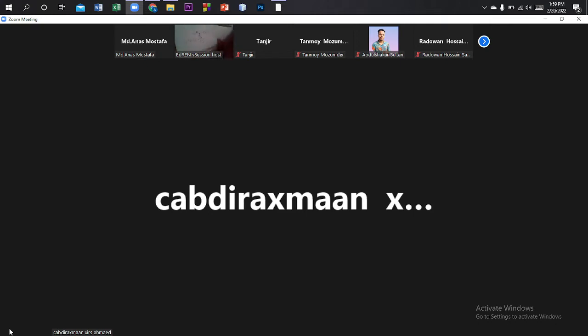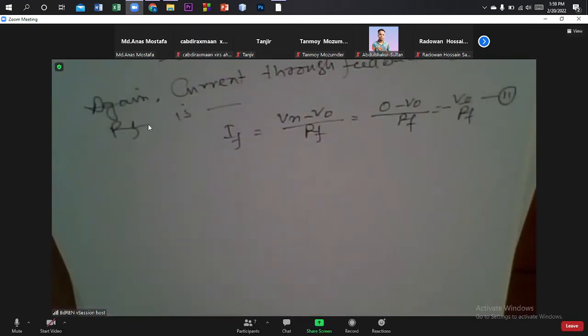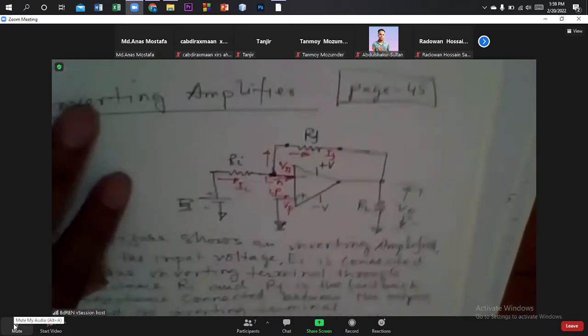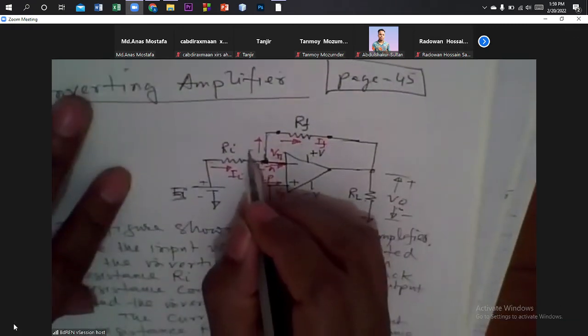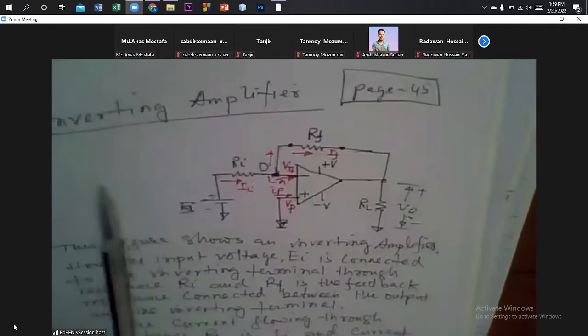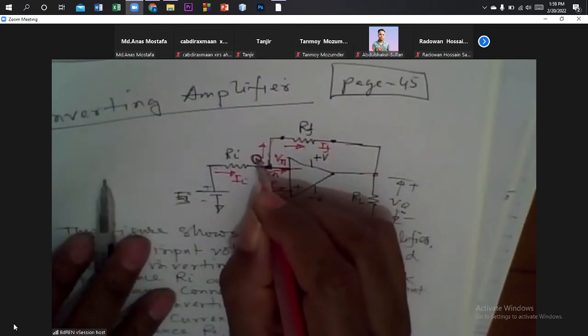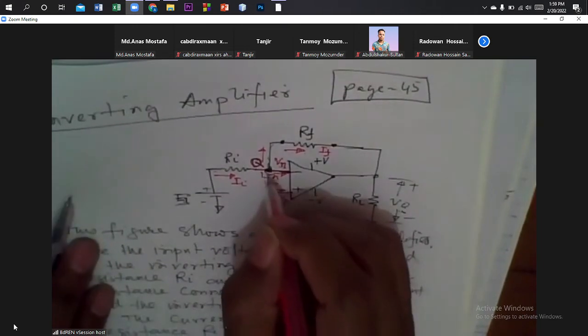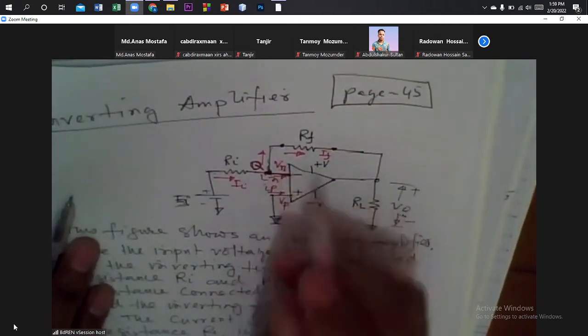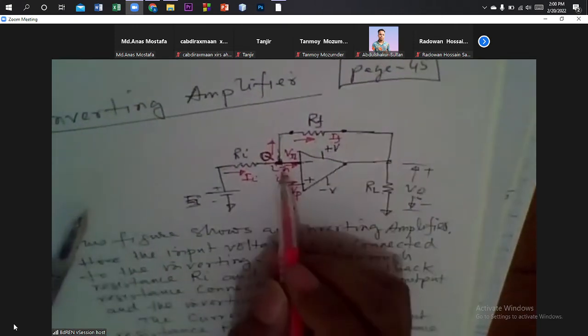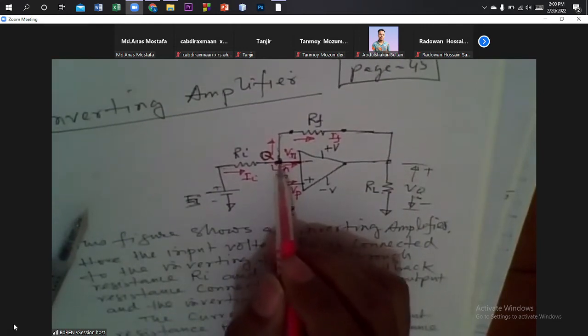Now we have a junction here in the figure. Check your figure. Give it the name Q. Say Q junction. How many branches are here at this Q junction? Three, sir.